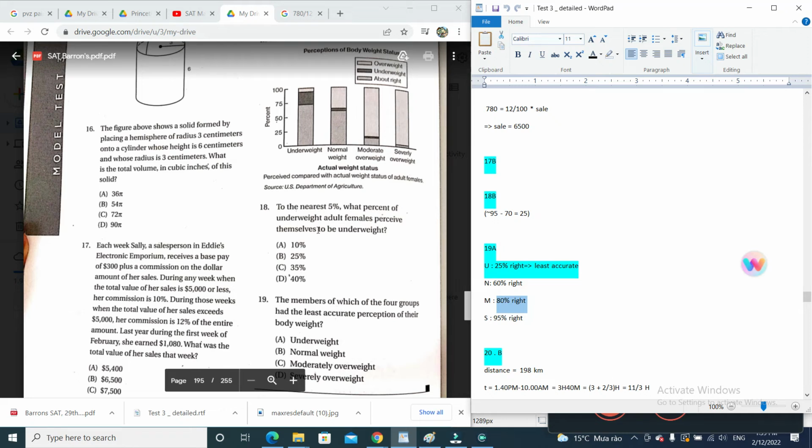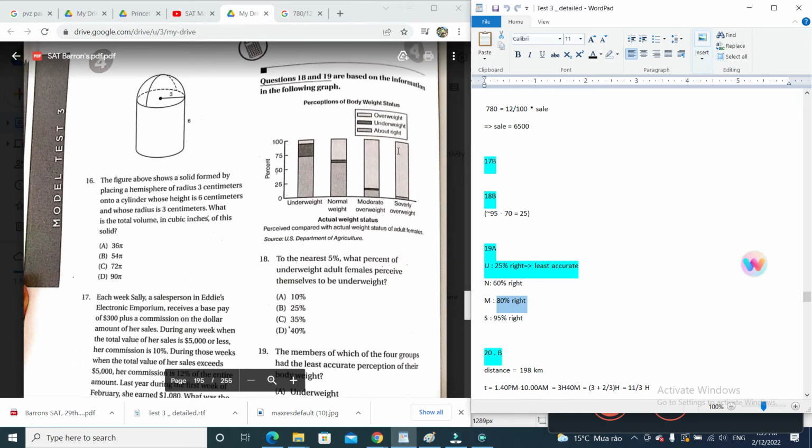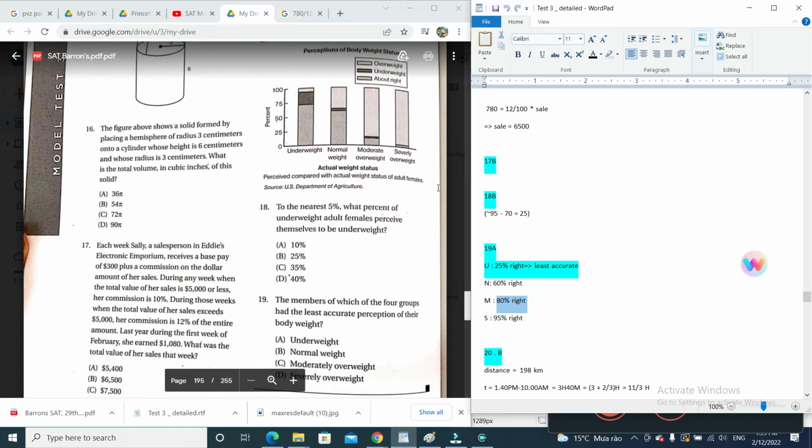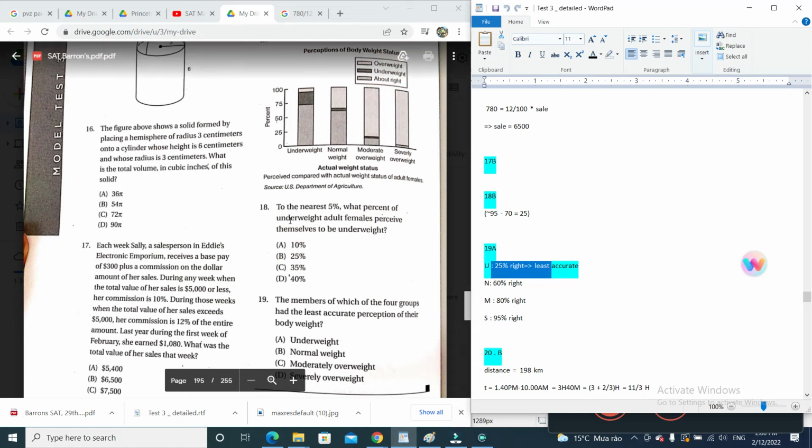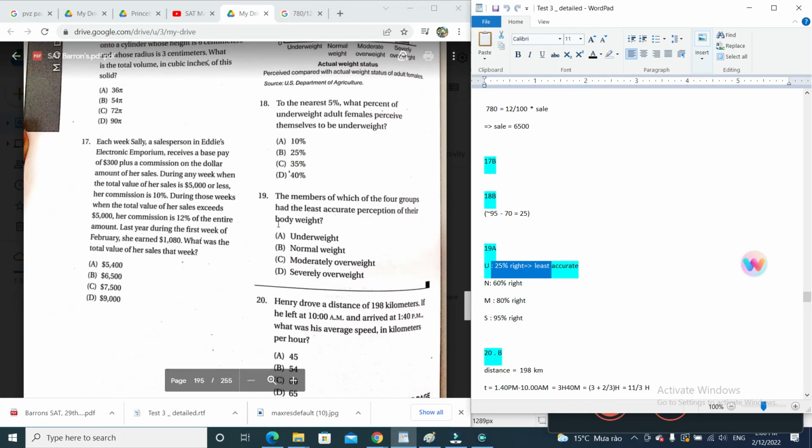And for severely overweight people, 95% of them realize that they are overweight or severely overweight, so they are about 95% right. So the least accurate is A, the underweight people, of whom only 25% recognize themselves as underweight. Okay, so that's how you do that.